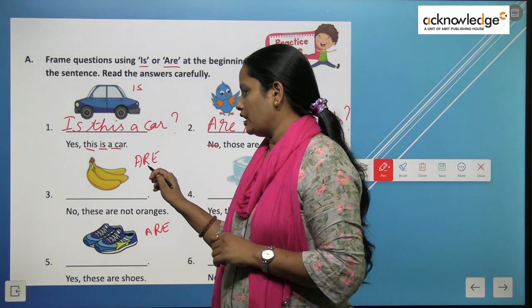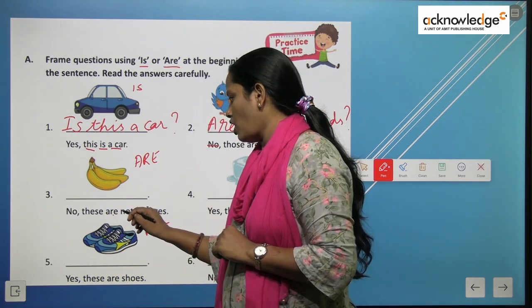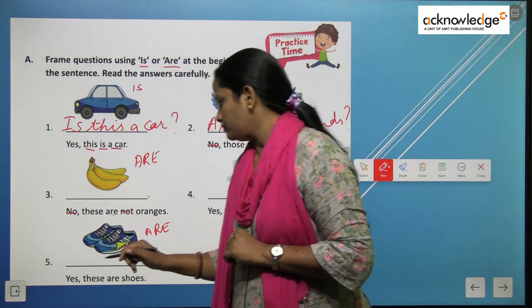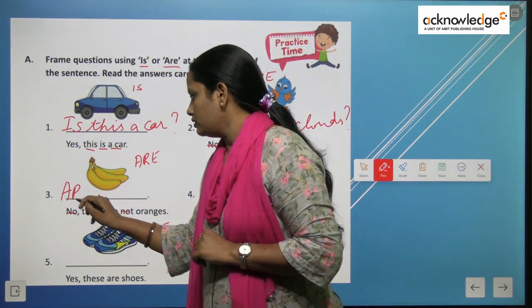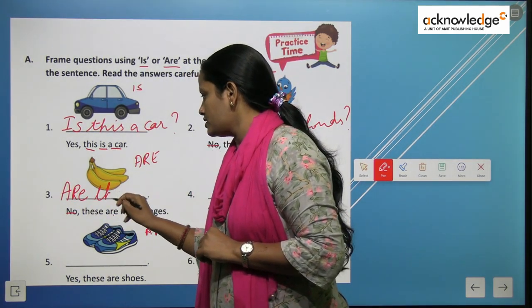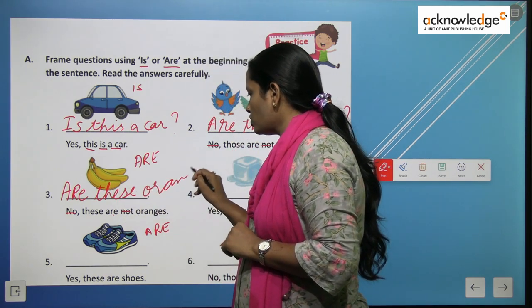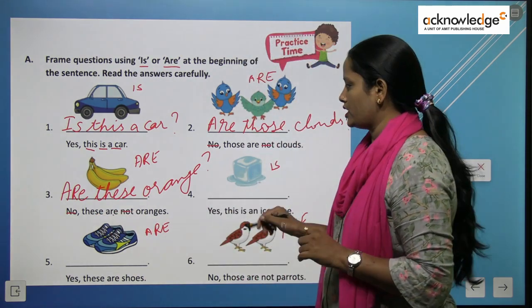Okay. Again we have to make the question from are. Are these oranges? Again we have to delete this. Okay. Are these oranges? So the answer comes no, these are not oranges.